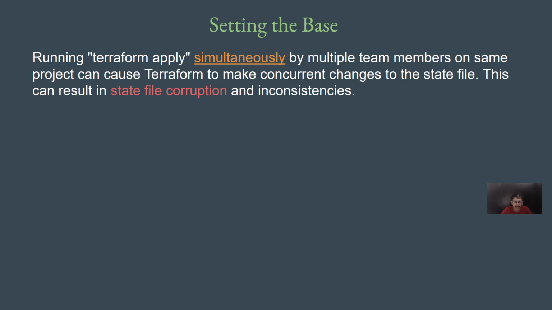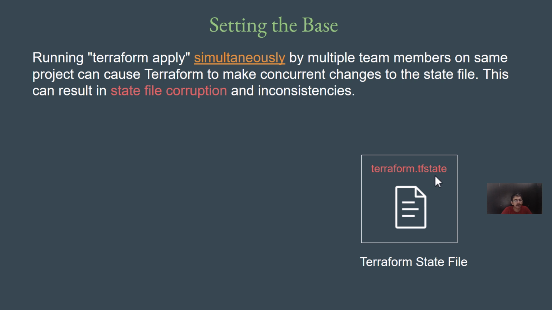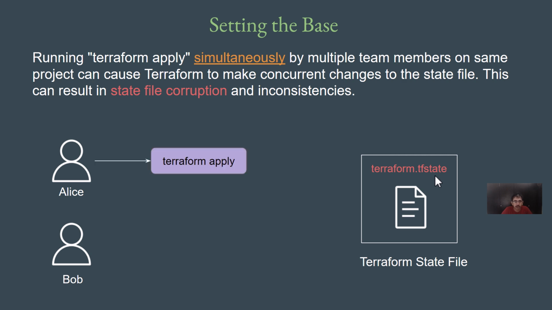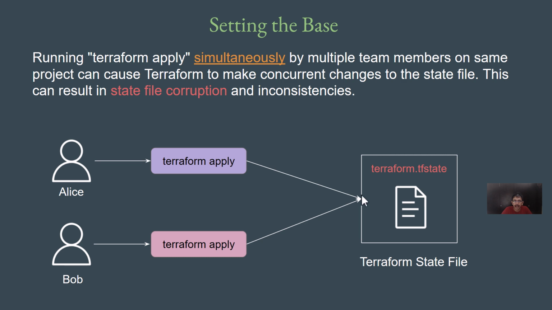So let's understand this in a much easier way. Let's assume that you have a terraform.tfstate file. Now you have two team members named Alice and Bob, and both of them simultaneously run the Terraform apply operation on the same project. And now what will happen? Terraform will go ahead and modify the tfstate file based on the changes that they have made.